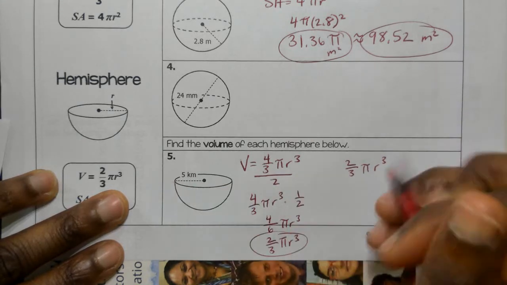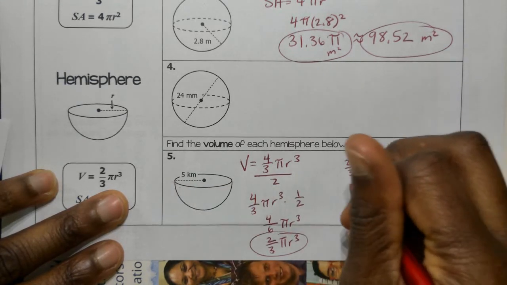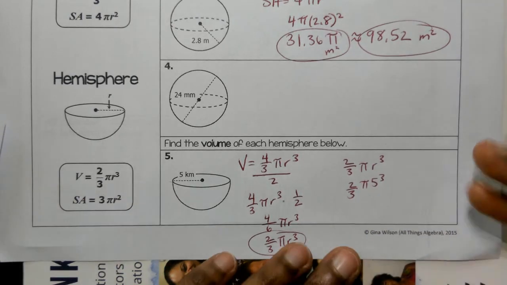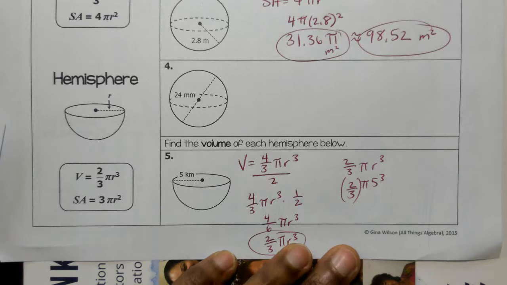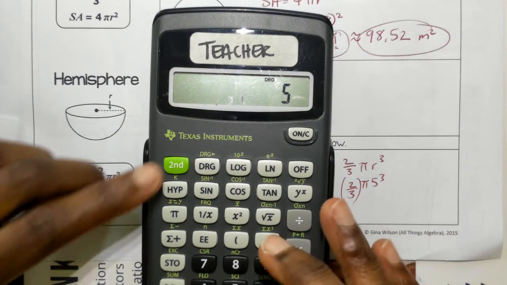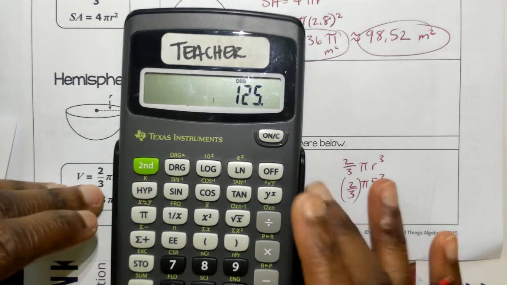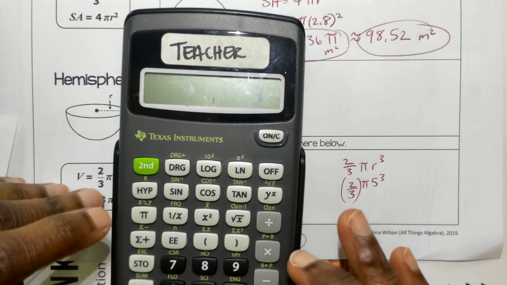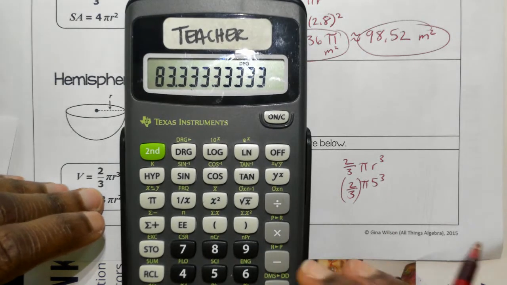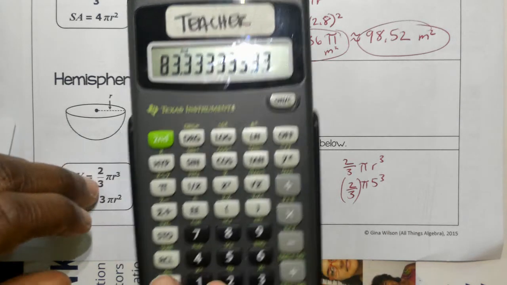Our radius is 5, so we're just substituting a 5 in here and evaluating. Five raised to the 3rd power times 2 divided by 3 gives me a decimal. So to get back, I can just hit second arrow.